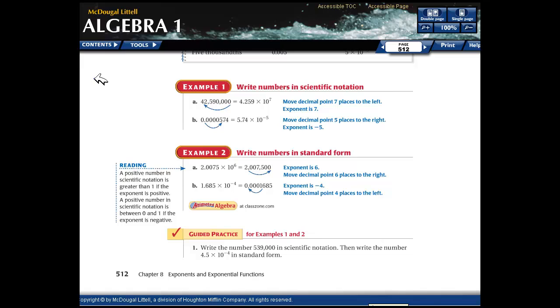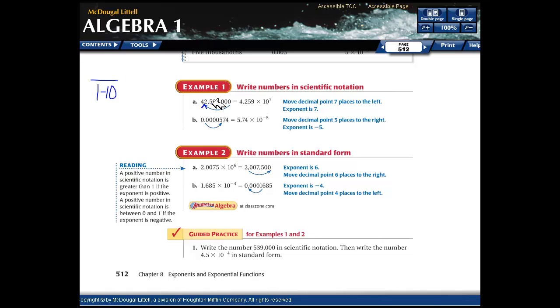So if, again, we have this number between 1 and 10, and obviously 42 million plus is not between 1 and 10, we have to make it a number between 1 and 10. So that decimal can only go one spot, and that would be right there, in between the 4 and the 2. That has to be in between 4 and the 2, because if it was behind it, say like 42.5, or in front of it, 0.42, none of those fall into this category between 1 and 10. So there's only one option for that to go, which is 4 point.